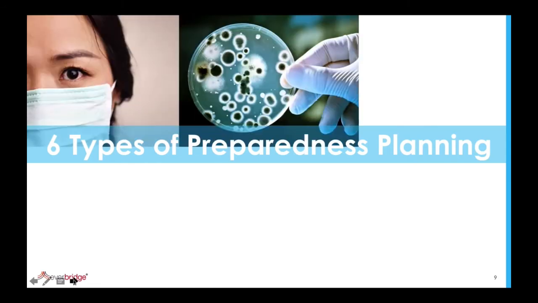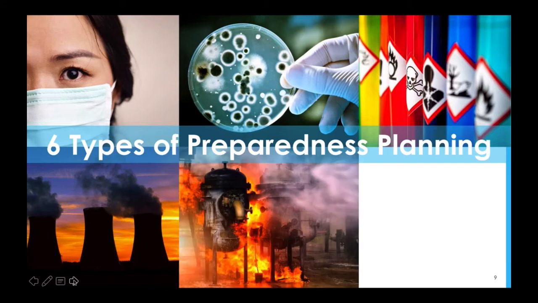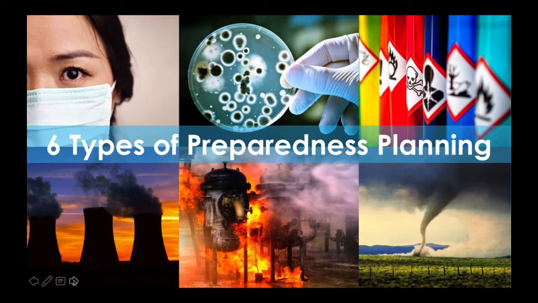Also, nothing I need to mention to any of you are the 6 types of preparedness planning, which fall into 2 clusters. There's the natural group. The most prominent component there is the meteorological events. By area of the country, they're mostly geographically predictable, and in some cases they're seasonally expected based on peak seasons for things like hurricanes.